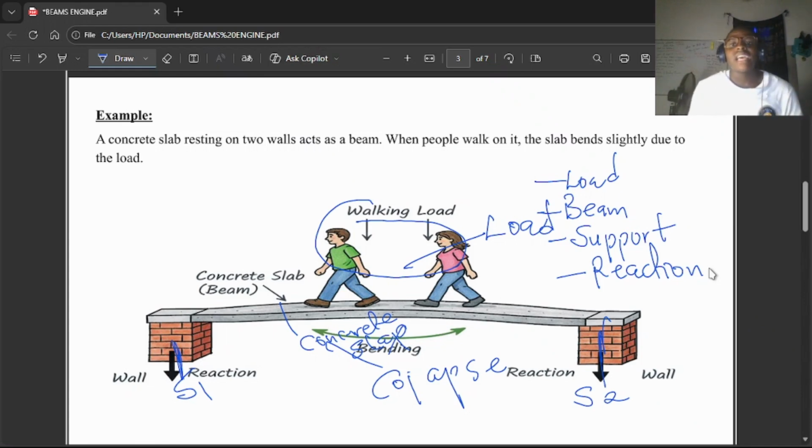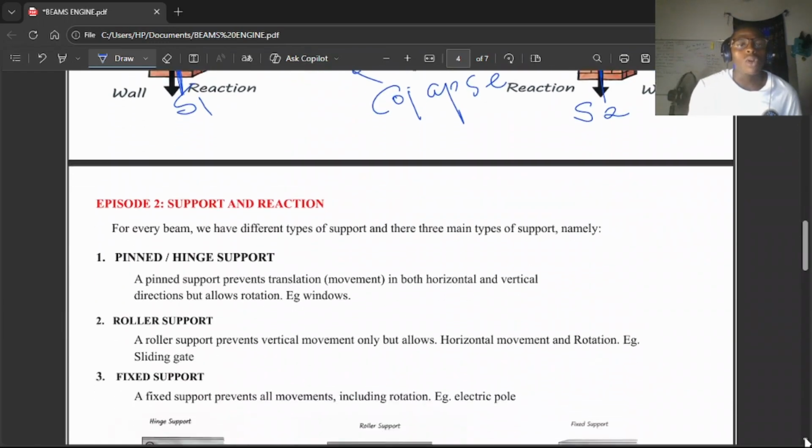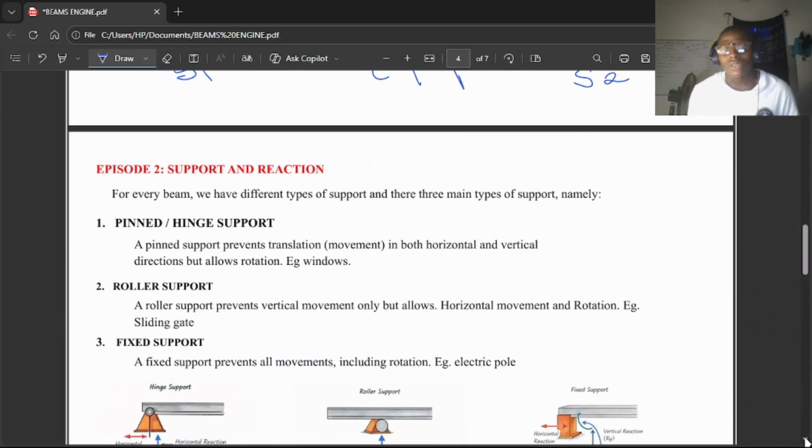So in essence, our interest is these four things: load, beam, support, and reaction. Now let's move over to the next episode. The next episode is what we call support and reaction.